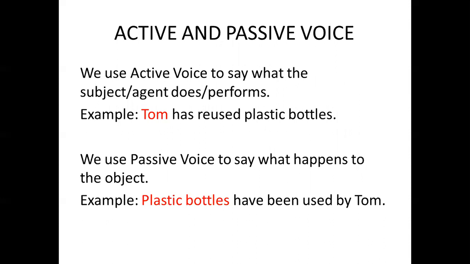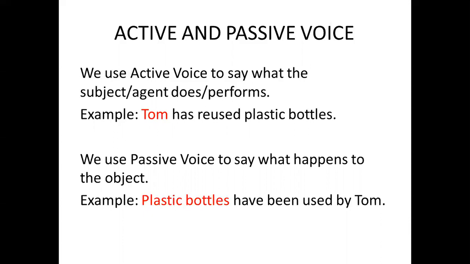Active and passive voice. What is the idea here? To establish what is the difference between these two situations. Okay, so active is simple. The most important is Tom. Who is Tom? Tom is the subject or the agent that performs or does the action. So it's going to be the most relevant part of this kind of speech.